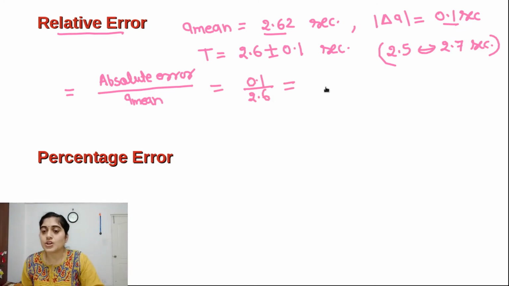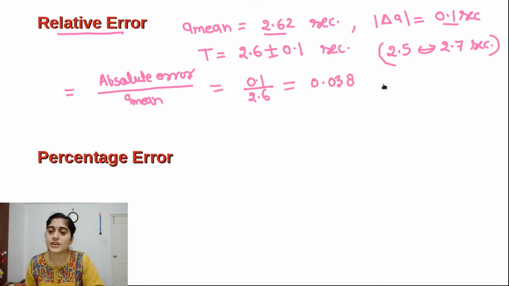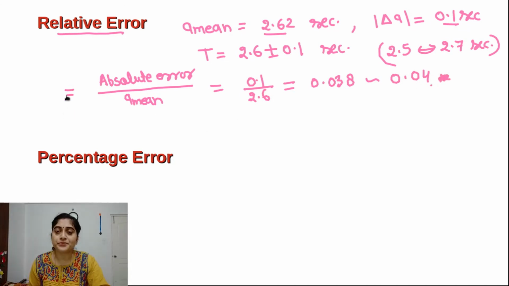So this will be 0.038, which we can approximately write as 0.04. Not seconds, it's a relative value, so this is your relative error.